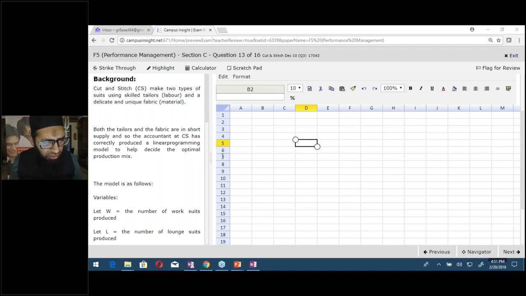Jawad, there will always be two critical constraints. There will always be at least two critical constraints. Otherwise we cannot use simultaneous equations.